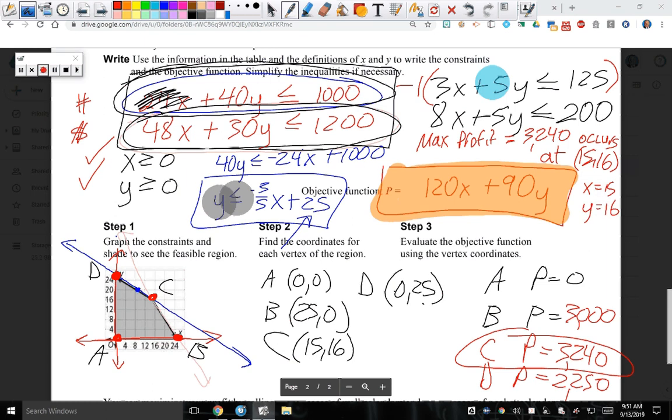But please don't necessarily say that it's at point C, from what Nate was talking about earlier, because we could label these differently. Okay? And then the minimum. Obviously, where does the minimum profit occur, guys? 0, 0. Okay, and it's $0, and it occurs at x equals 0 and y equals 0. Okay?